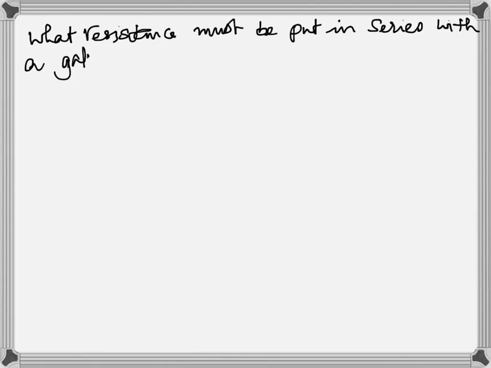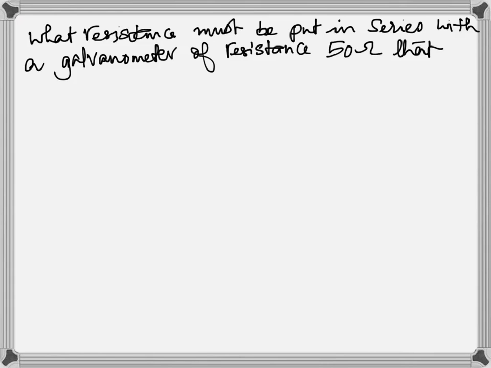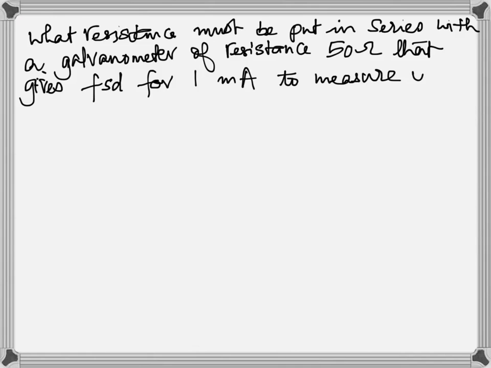So what resistance must be put in series with a galvanometer of, I picked the same number, 50 ohms, that gives, again, full-scale deflection for 1 milliamps? Now the only thing you need is to convert it to measure up to how many volts, isn't it? 5 volt.